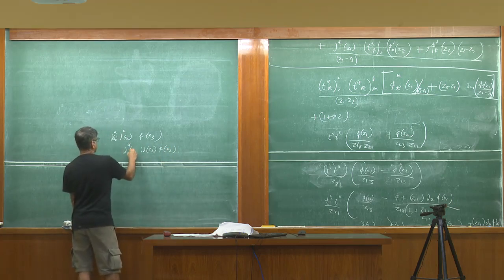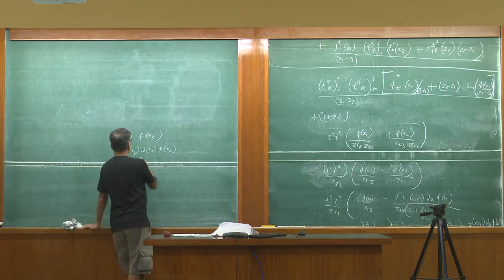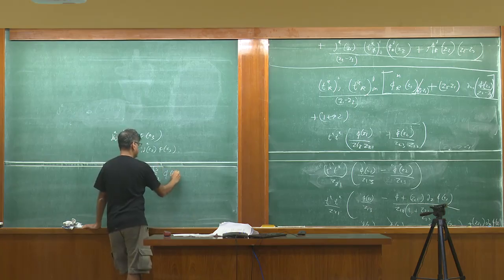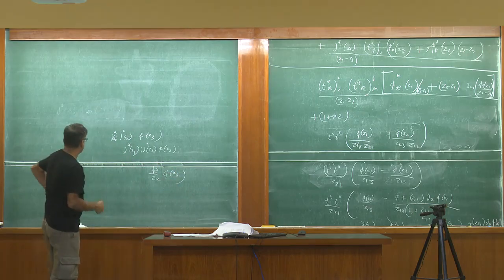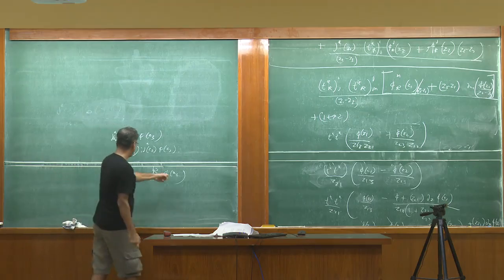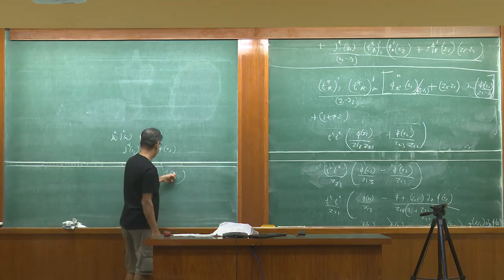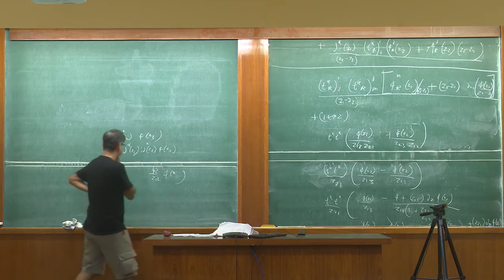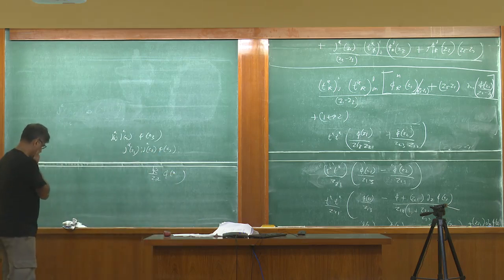And then you do J of Z1 acting on this. This was A, and you say that that will give you like K by Z1 phi of Z3. And now here if you take a derivative, expand that and you take a derivative, it might work. It might be that.